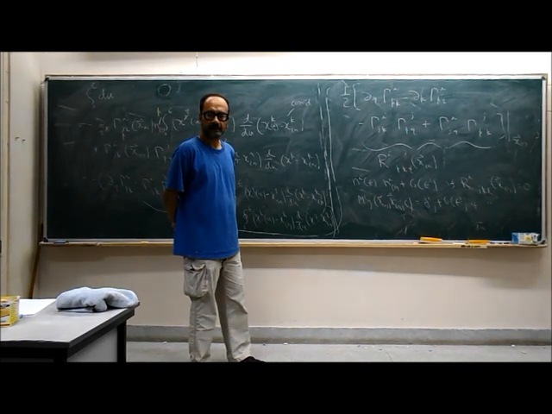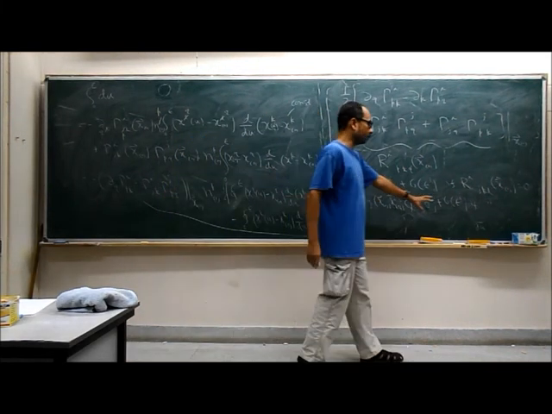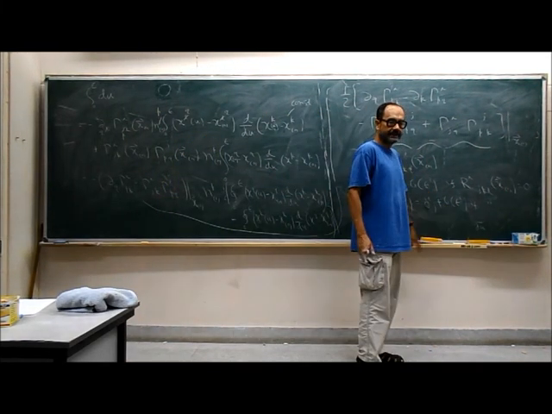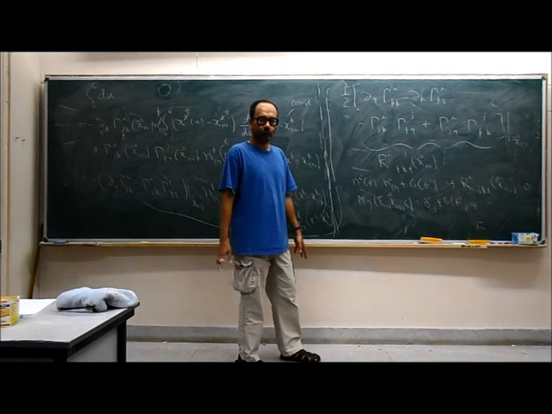Is this clear? Okay, so this still doesn't prove that Mij is really identity for general loops. It only says that Mij is delta Ij to certain order, but we will see next time that this is sufficient to prove that Mij is identity for all loops.